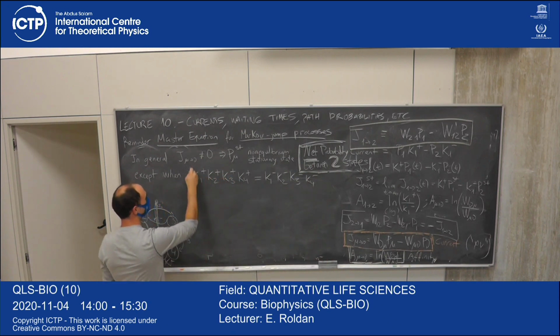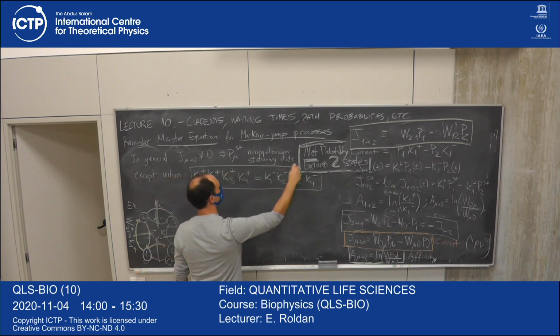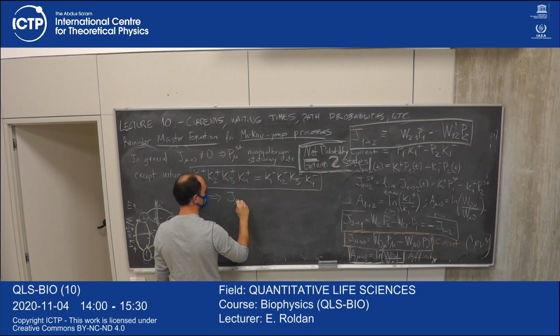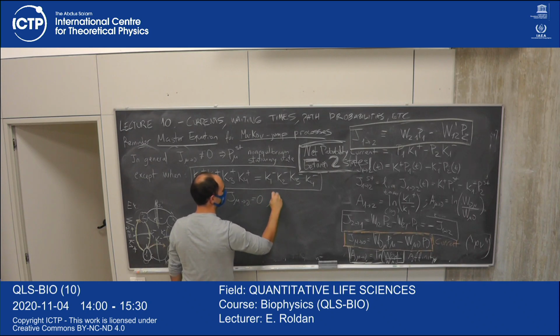When this happens, then J equals 0 for all mu and nu. Okay?